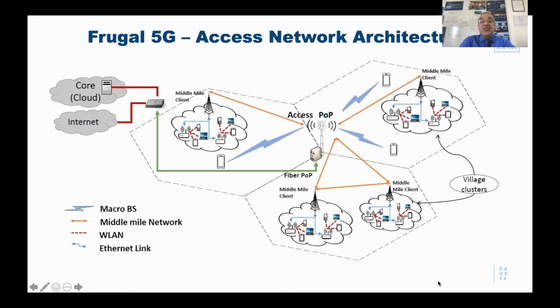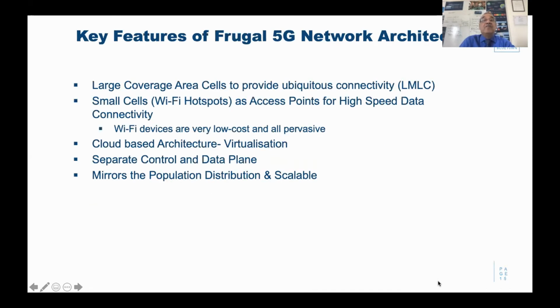Whatever existing things there are, they are used in the village clusters, and villagers access the cloud as well as the internet through their portable access devices, which are always capable of connecting through Wi-Fi.